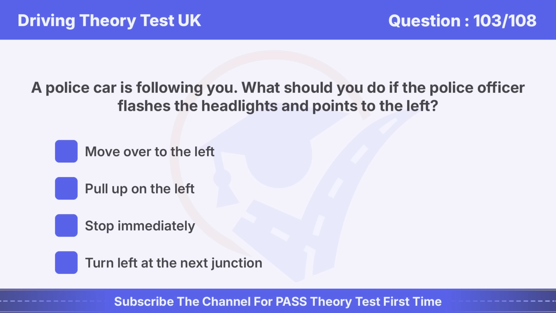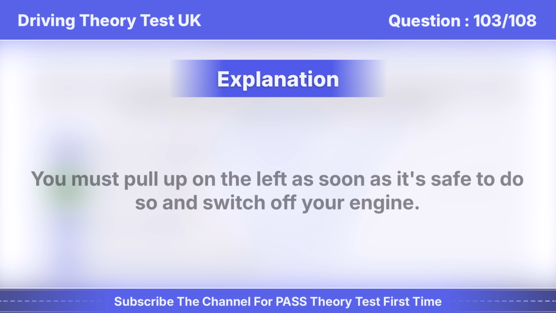A police car is following you. What should you do if the police officer flashes the headlights and points to the left? Answer is B. Pull up on the left. You must pull up on the left as soon as it's safe to do so and switch off your engine.